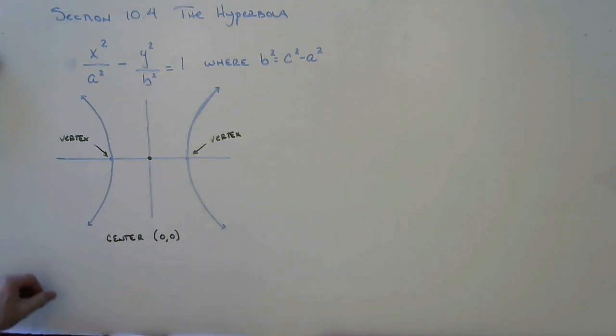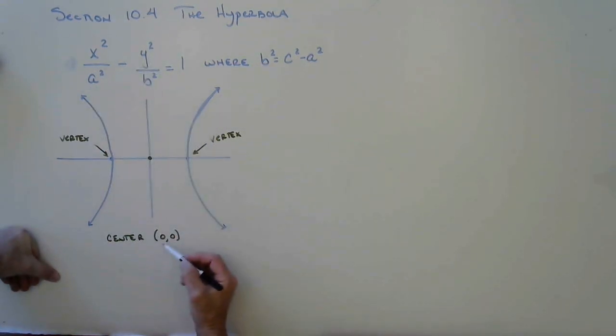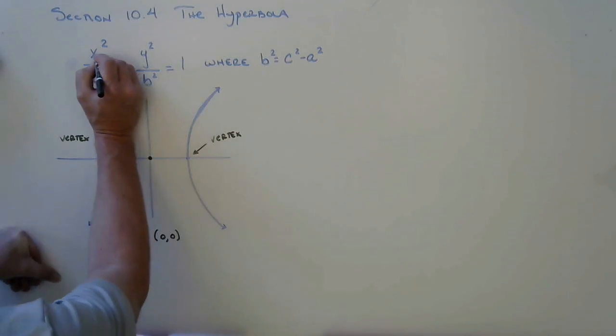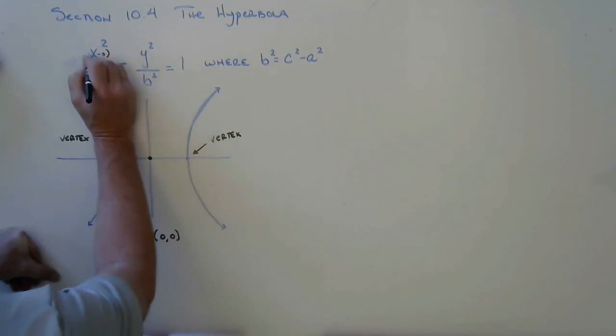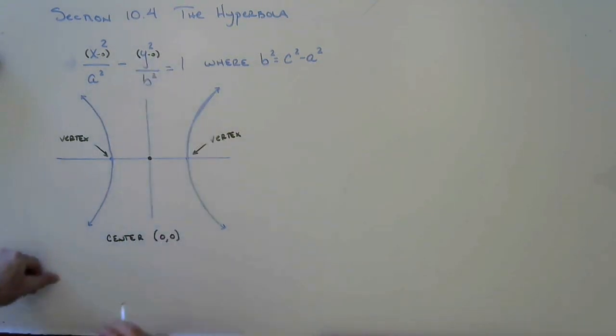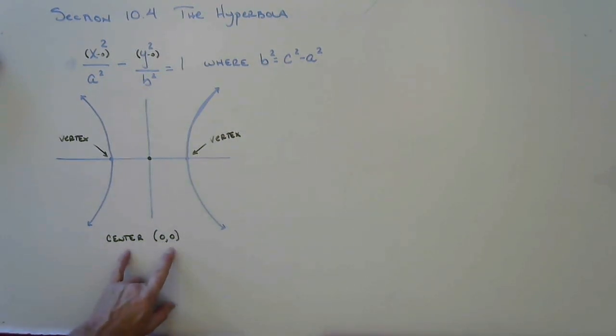Now, for our problem, our center is at 0, 0, because remember, this is x minus 0 squared, and this is y minus 0 squared, just like from back when we were talking about our ellipse or our circle. So our center is at 0, 0.